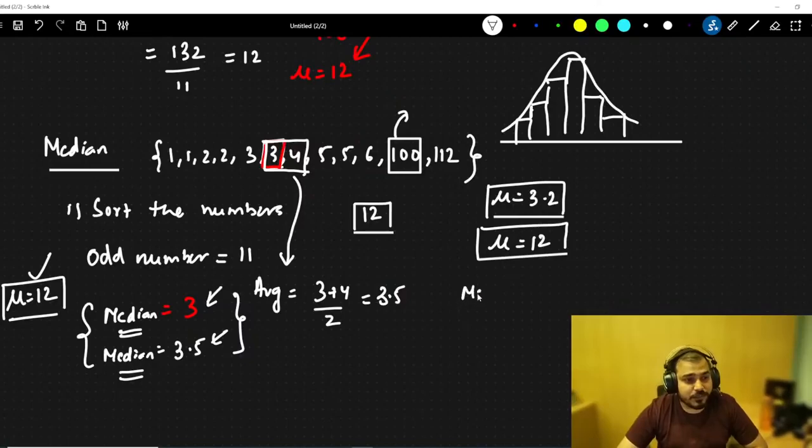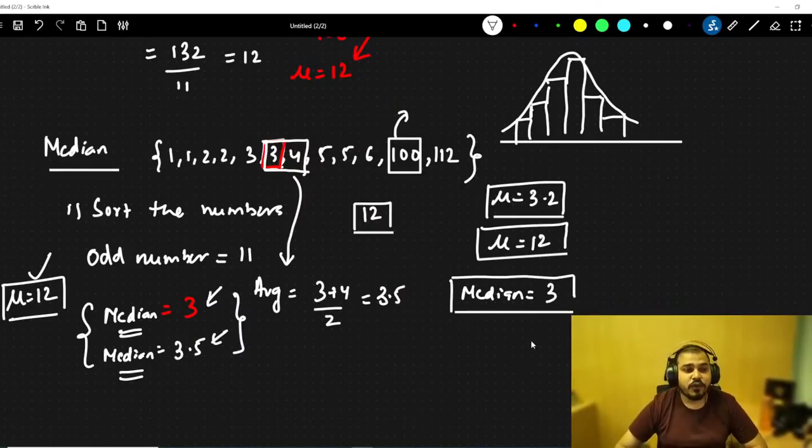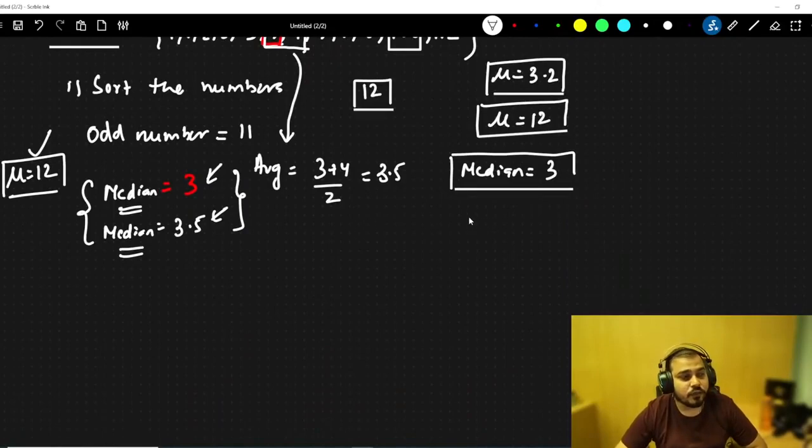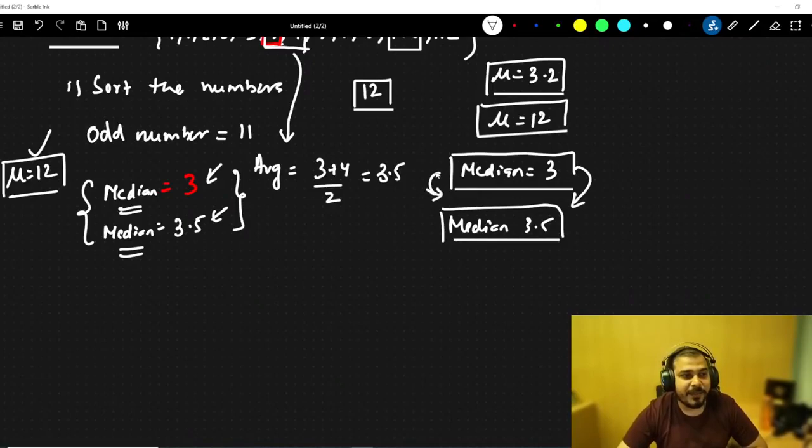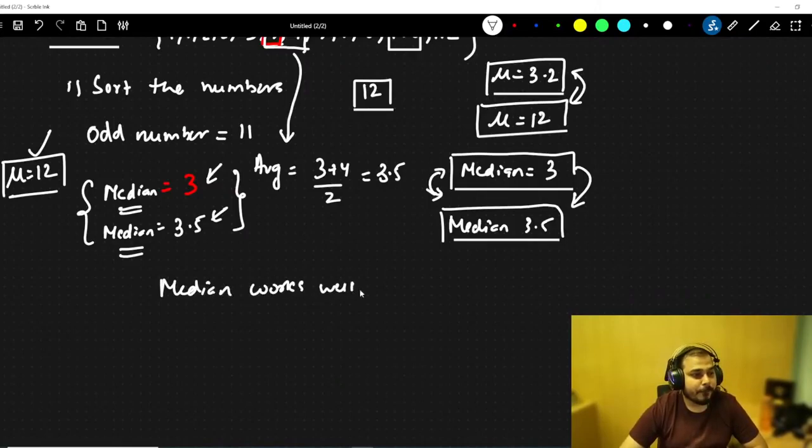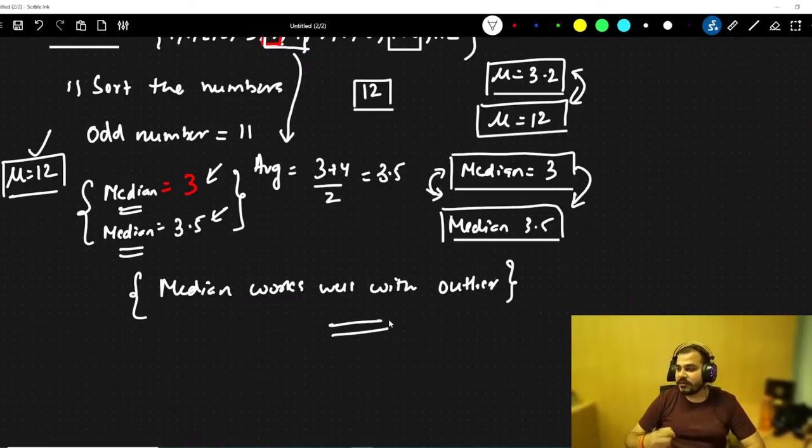When I do this with respect to median, even though I had added the outlier, it came as 3, right? And finally, when I used two outliers, I got the median as 3.5. Now here you can see that there is less difference when compared to this, right? So if I talk about median, it works well with outliers. This is the proper statement that I want to consider.